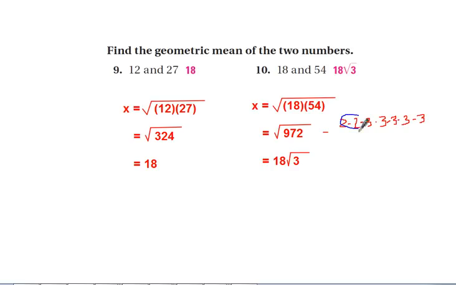This pair of 2's came out, this pair of 3's came out, this pair of 3's came out. So you had 2 times 3 times 3, which is 18. Still had a square root of 3 under it. So that's how you would solve those problems. Again, it's just more practice, another way that we're working with radicals and square roots and getting simplified answers in the process.